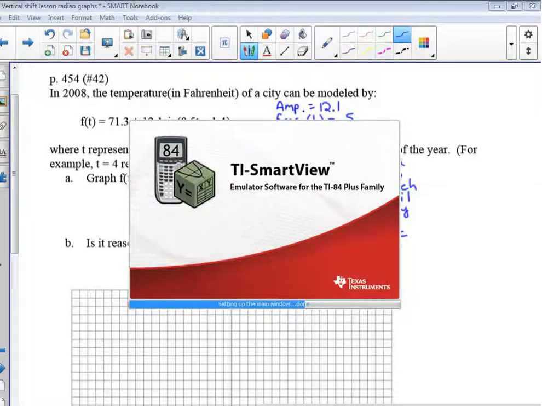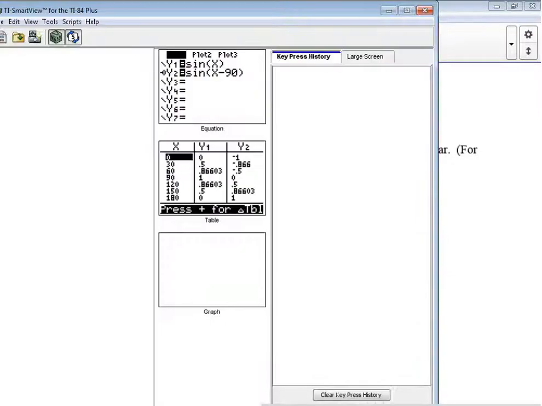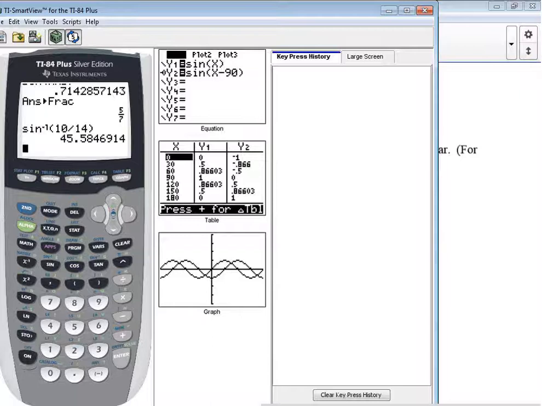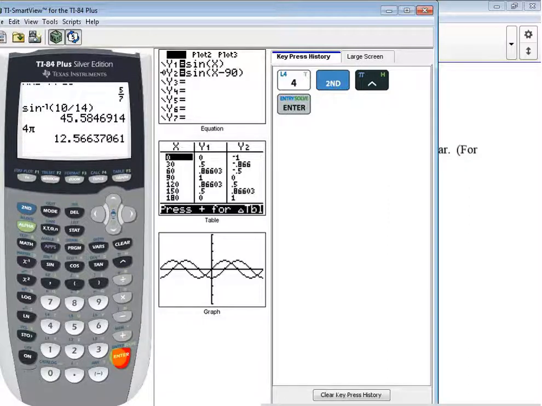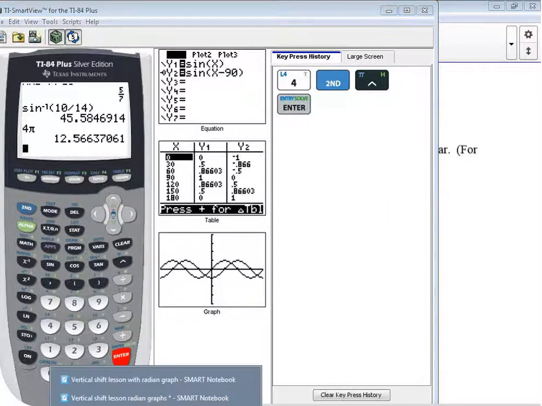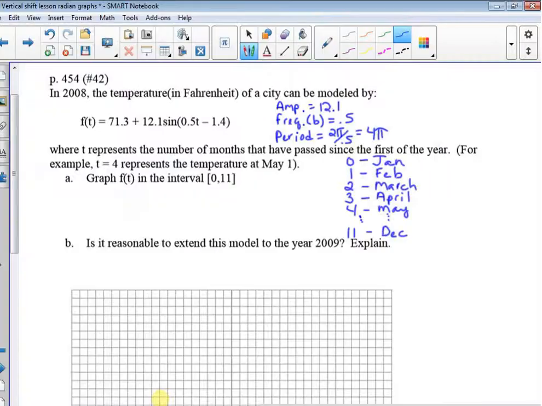So I want to know how many radians exactly 4 pi is. I'm going to calculate 4 pi. It's about 12.566. So that's about 12.566 radians.